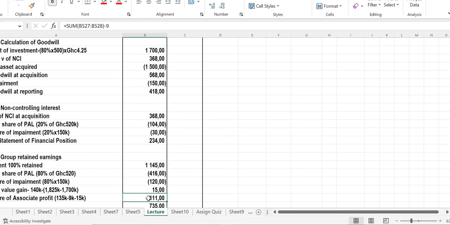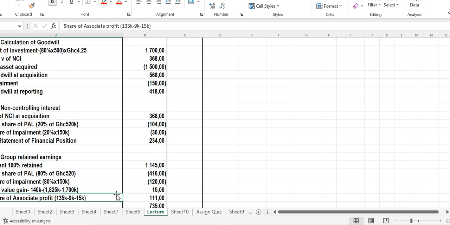Then associate. Now you have to work the associate and report the share of associate's profit in the group retained earning. Remember, share of associate profit. So this is the share of the associate's profit, which is 135,000. How do we get 135,000? You get it by taking the profit of associates, and we are consolidating for 9 months.